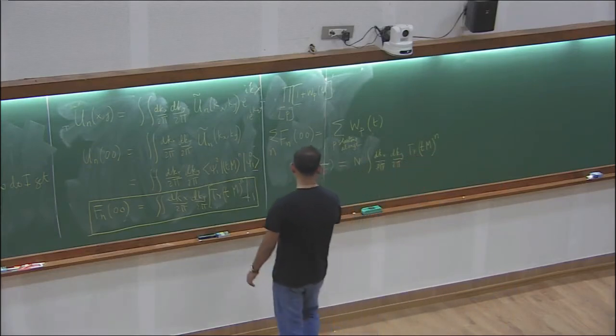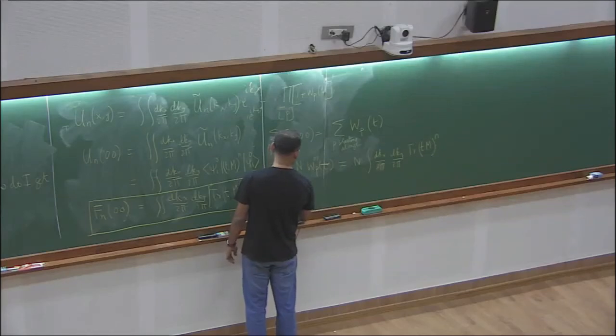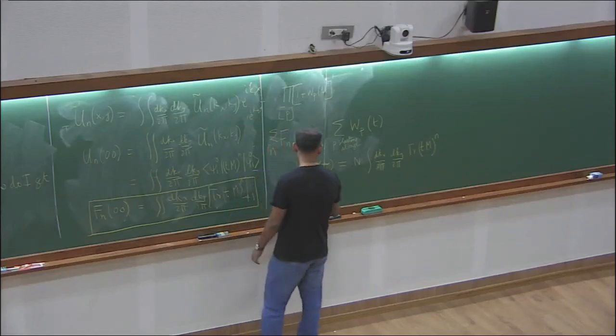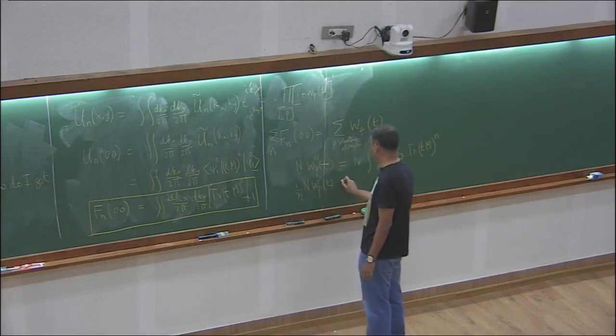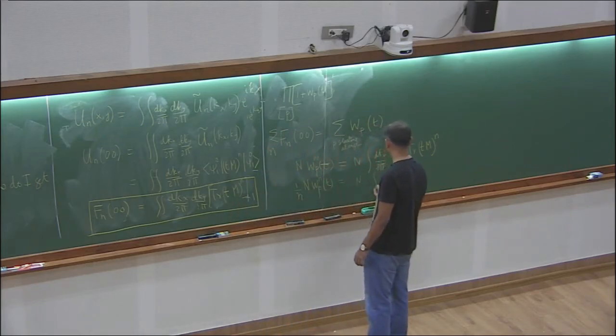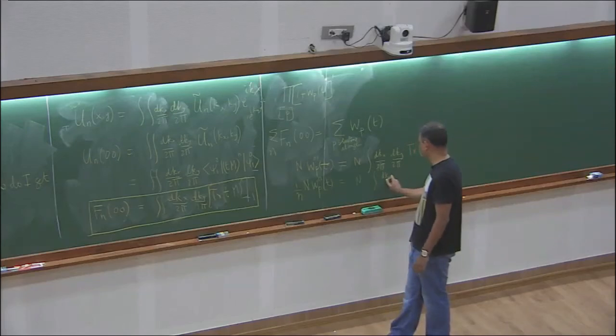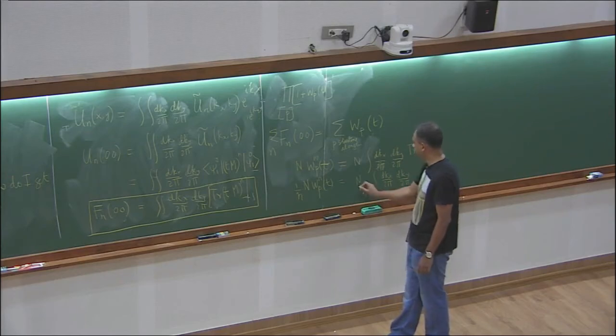So if I take 1 by capital N, WP NT, that is n times this, and divide by 2.